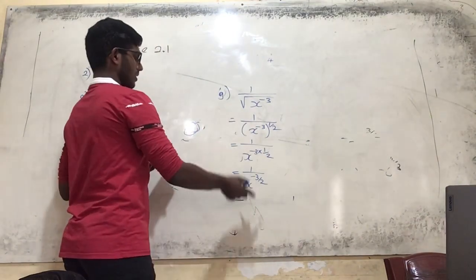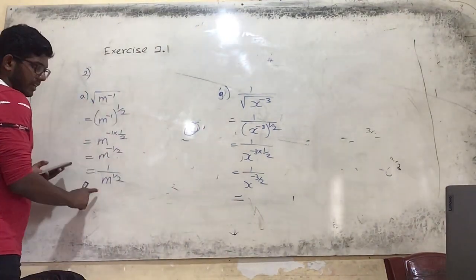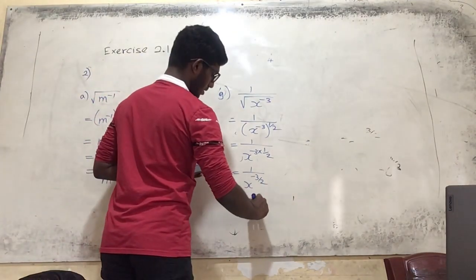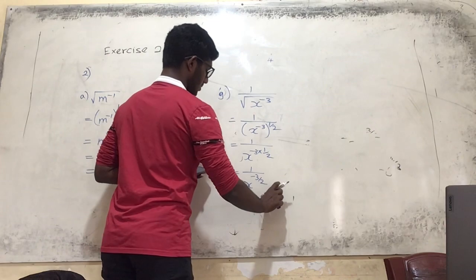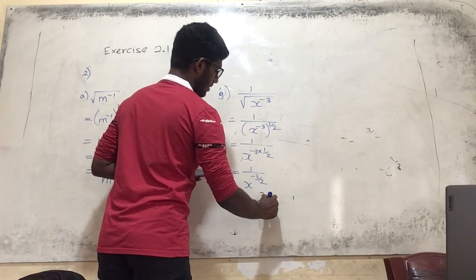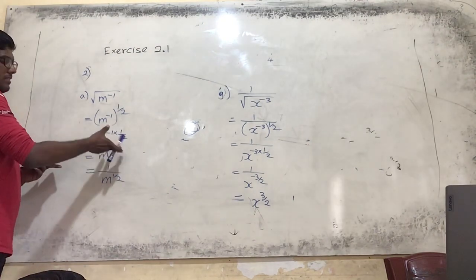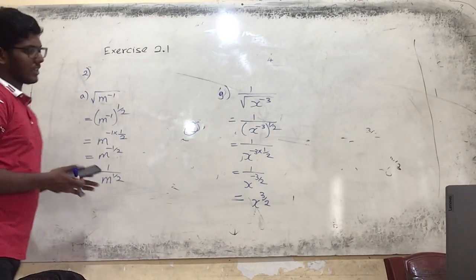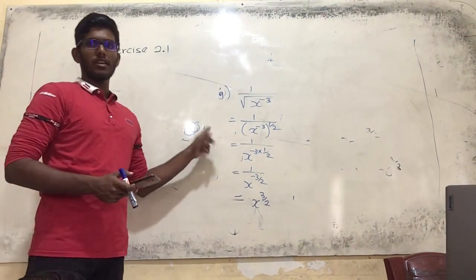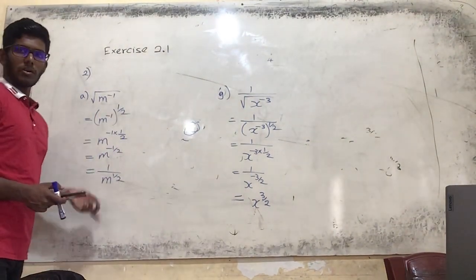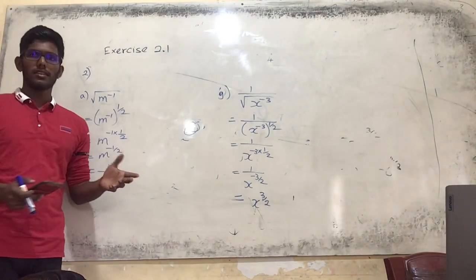If it is at the top, you can take it to the bottom. I am saying top and bottom for your ease. So if it is at the numerator, you can take it to the denominator. If it is at the denominator, you can take it to the numerator. So pause the video and note this down.